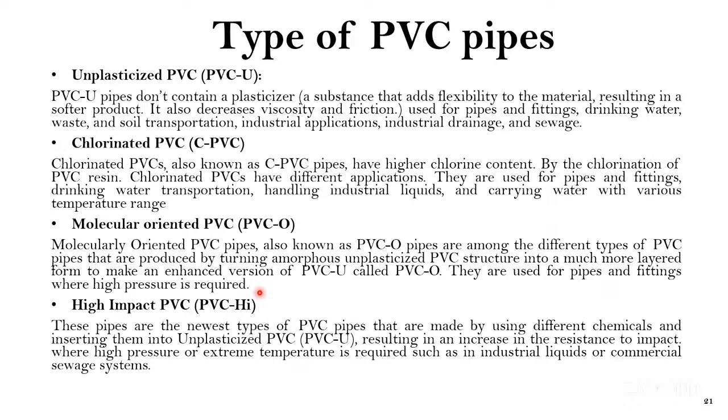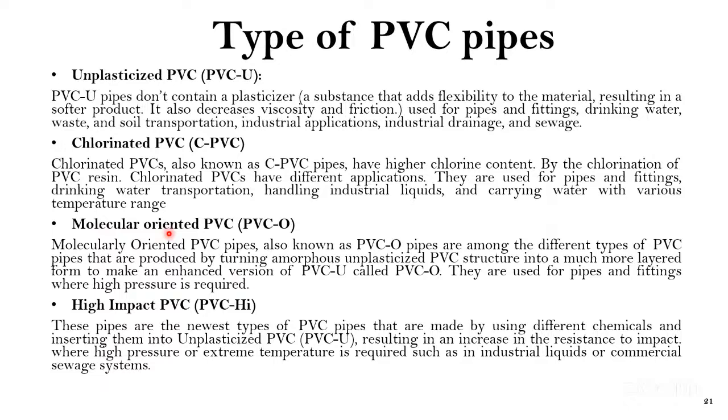The high pressure pipes that we use for cleaning purposes or many other applications, the material they are made of is known as molecular oriented PVC.